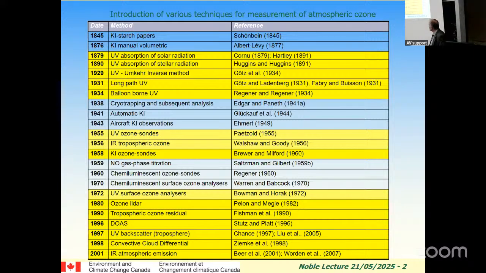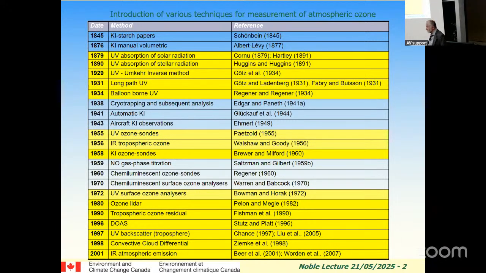So ozone, as I mentioned briefly yesterday, is a very reactive gas. It also has strong absorption bands in the ultraviolet, but also in the visible and in the infrared. So there have been many methods developed to measure it over the years, some of them going back, as you can see, almost 200 years.